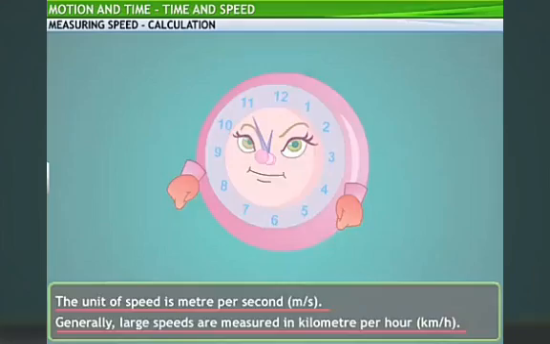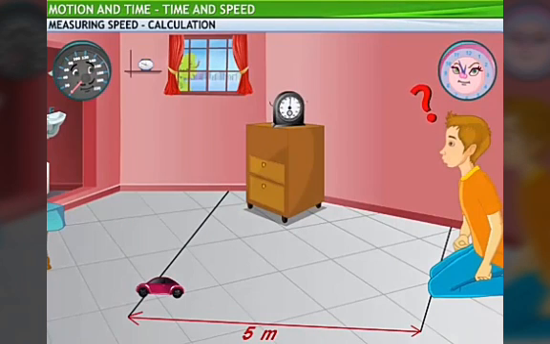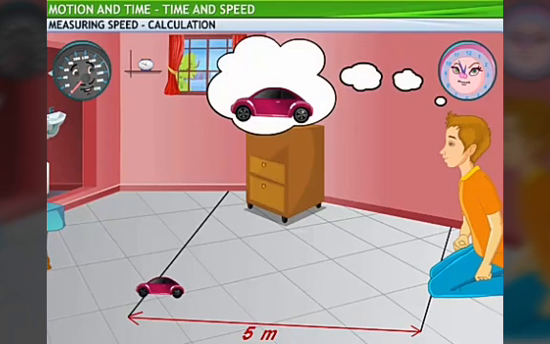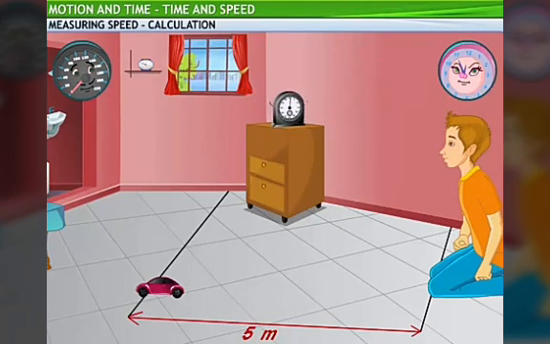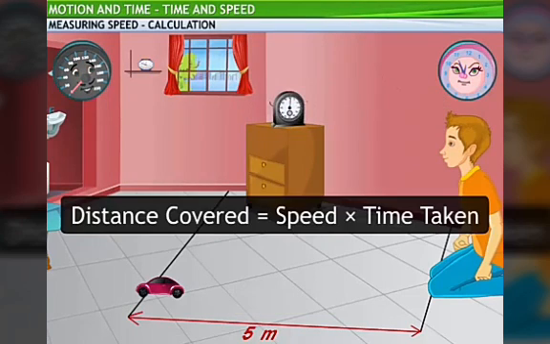Can we also find the distance covered by an object in motion? Yes, of course. Provided the object maintains uniform motion throughout its journey. In such cases, the distance covered by the object will be the product of its speed and the time traveled by it. Got it.